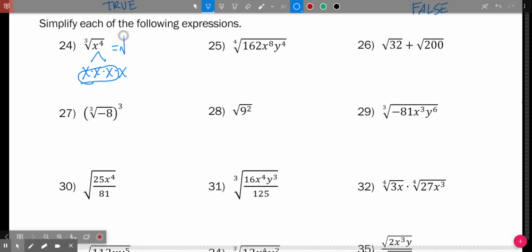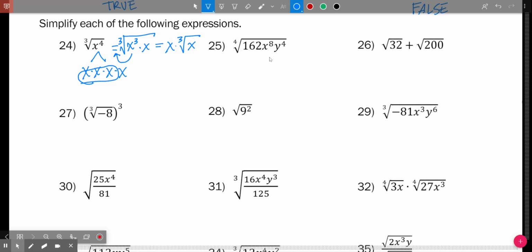So this is the same as saying x cubed times x. We factor it down. The cube root of x cubed is x. When you take the cube root, it moves outside the radical. So this is x times the cube root of x.